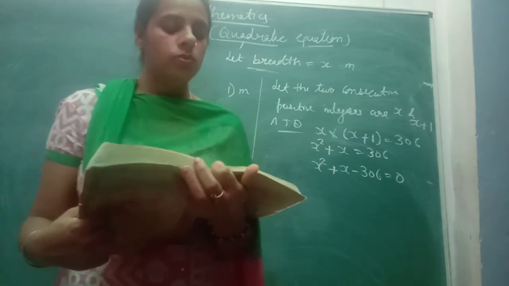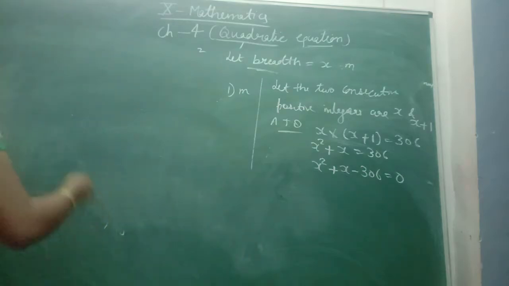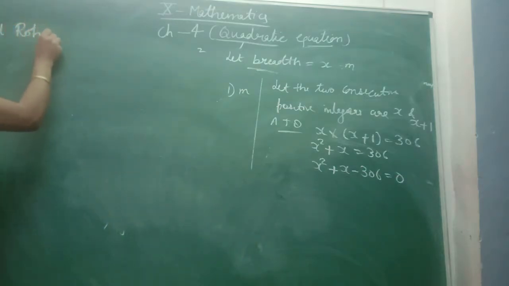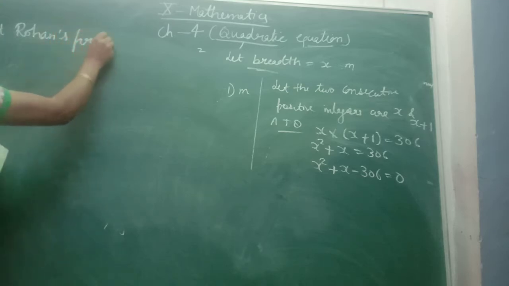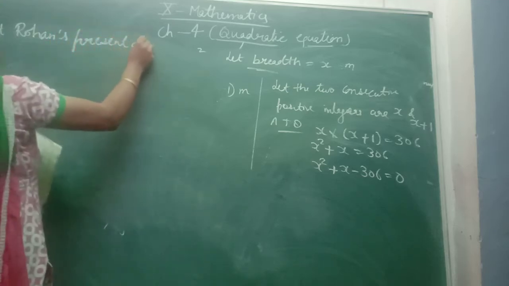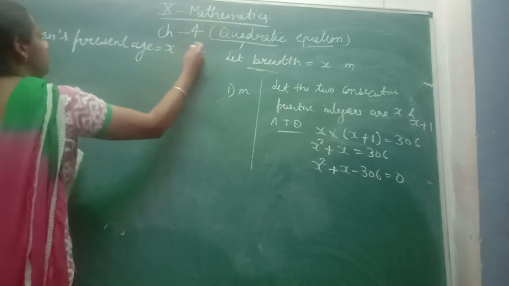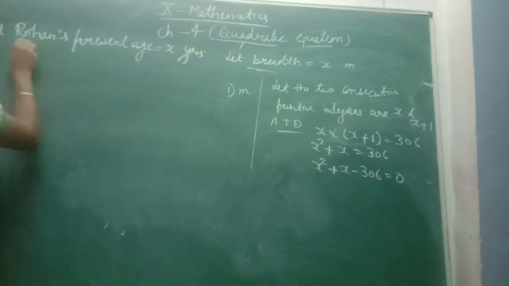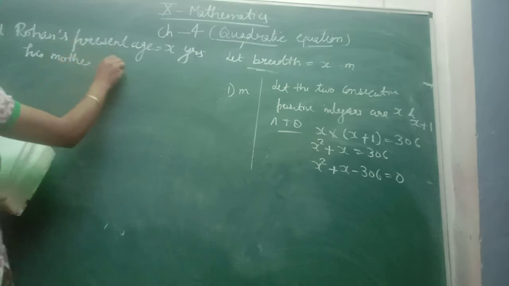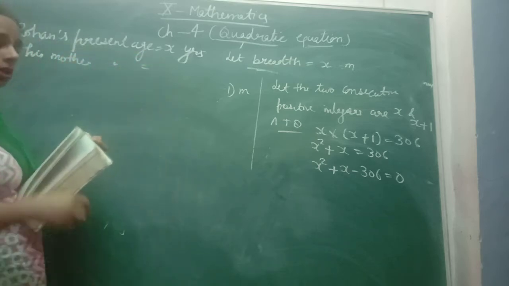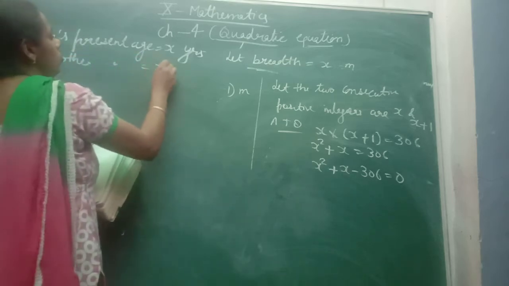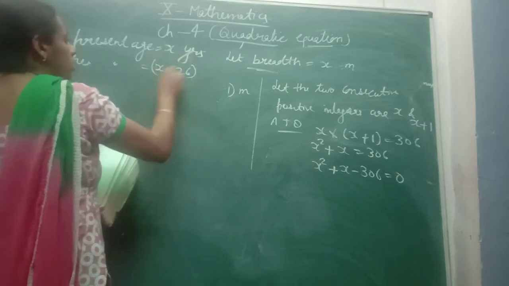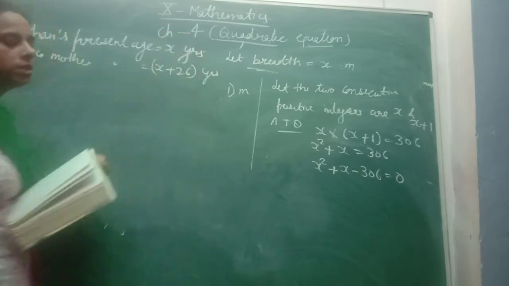We would like to find Rohan's present age. Firstly, let Rohan's present age be x years, and his mother's age is 26 years older than Rohan. So उनकी age में 26 ऐड कर दिया.